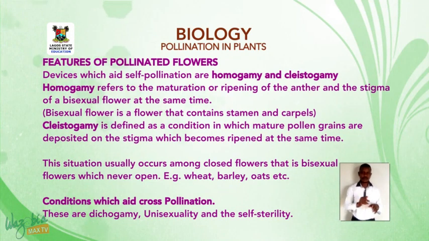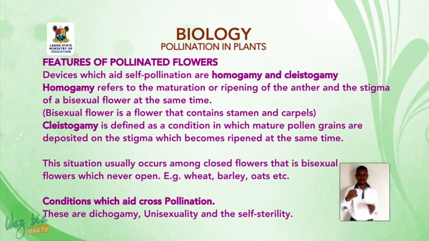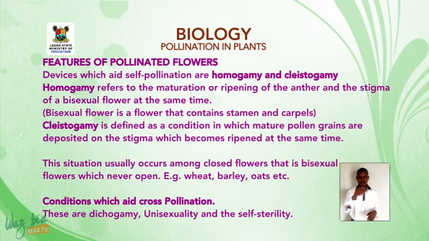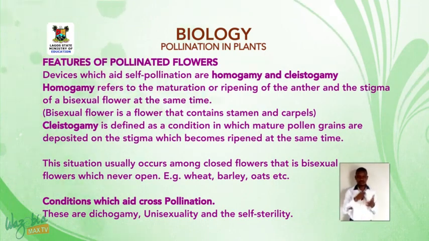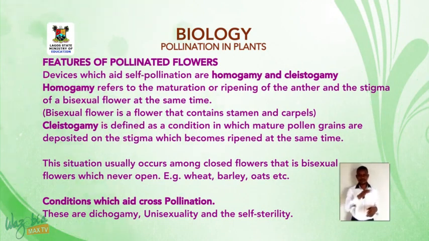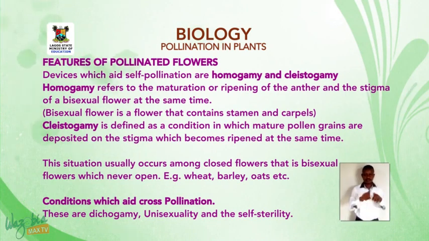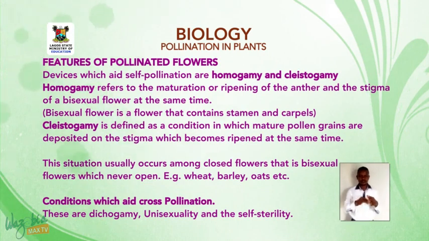Devices which aid self-pollination are homogamy and cleistogamy. What is homogamy? Homogamy refers to the maturation or ripening of the anthers and the stigmas of a bisexual flower at the same time. We defined bisexual flower at the beginning of this lesson. A bisexual flower is a flower that contains stamens and carpels on the same flower.